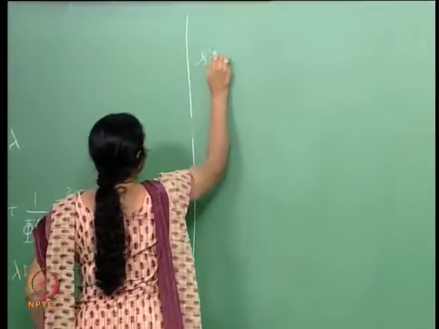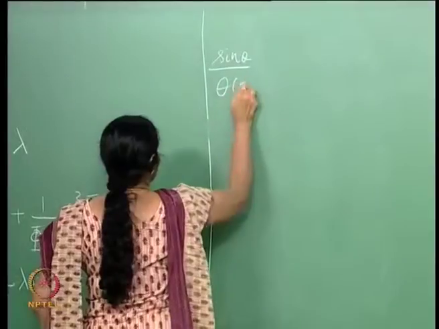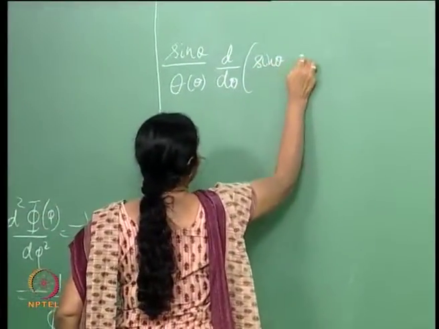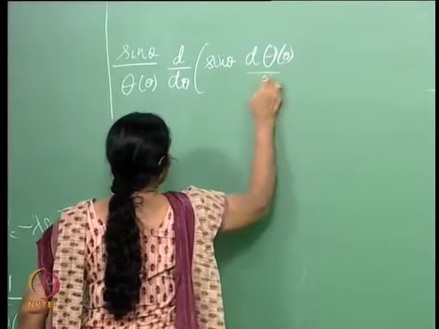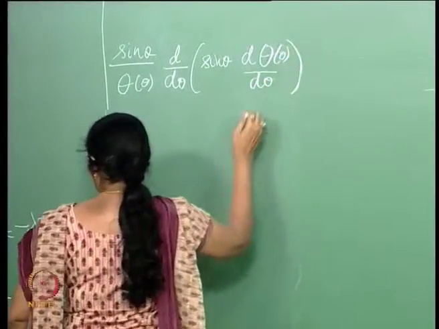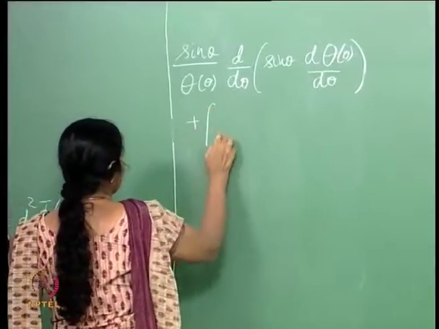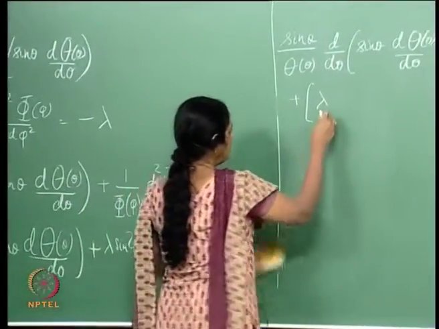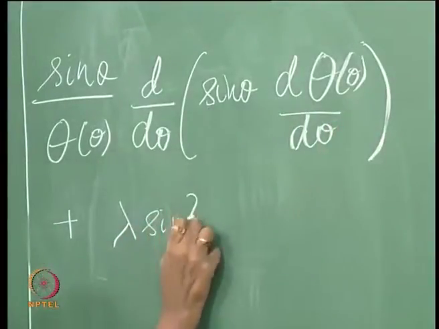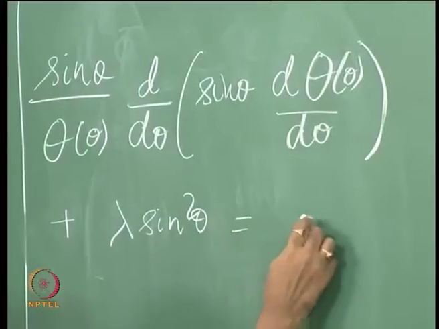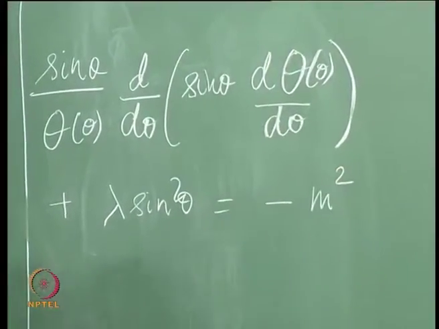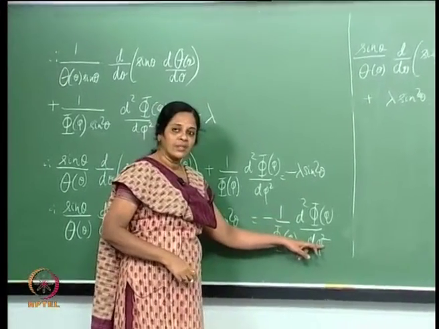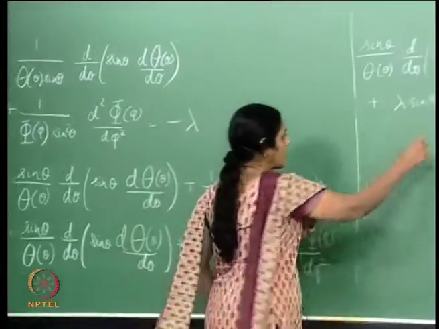So, I have sin theta by theta of theta, d by d theta of sin theta d theta of theta by d theta, plus lambda sin squared theta is minus m squared, because we set d2 phi by d phi squared as minus m squared phi. So, this would be plus m squared.